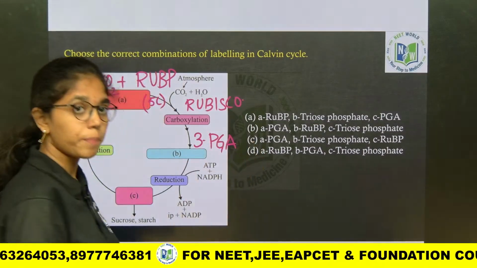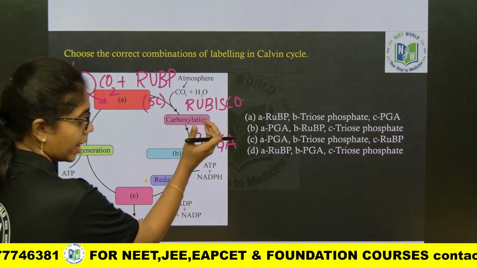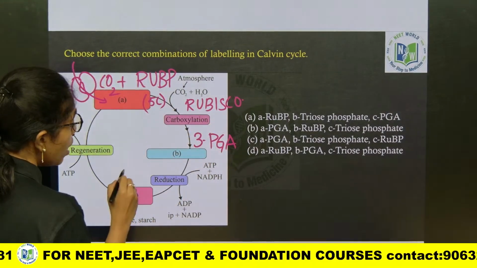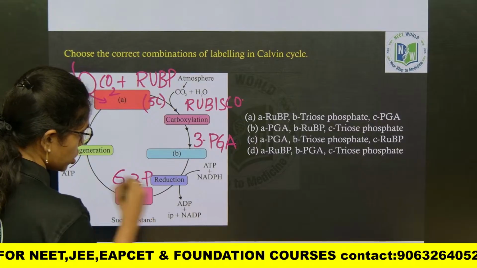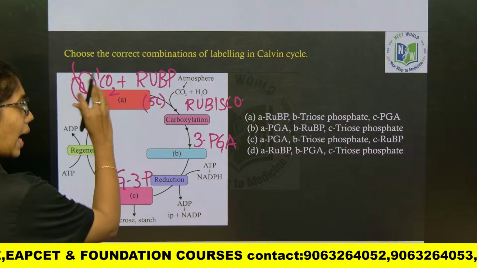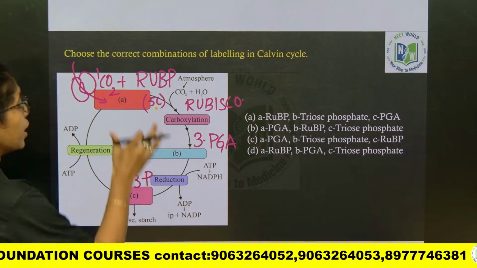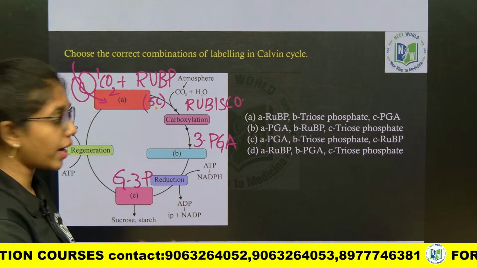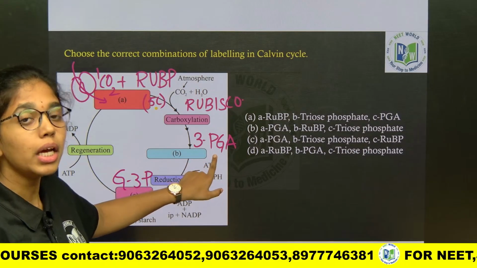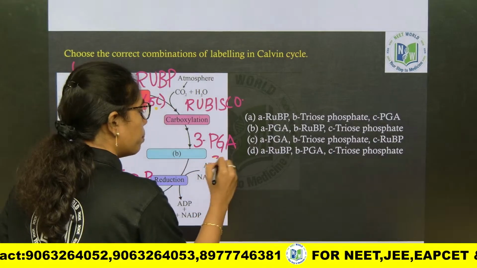3-phosphoglyceric acid. This 3-phosphoglyceric acid, after reduction, gets converted to glyceraldehyde 3-phosphate. Clear, beta? From one carbon dioxide fixation and this 5-carbon RuBP, together 6 carbon, it forms the primary product 3-phosphoglyceric acid, which is a 3-carbon compound.